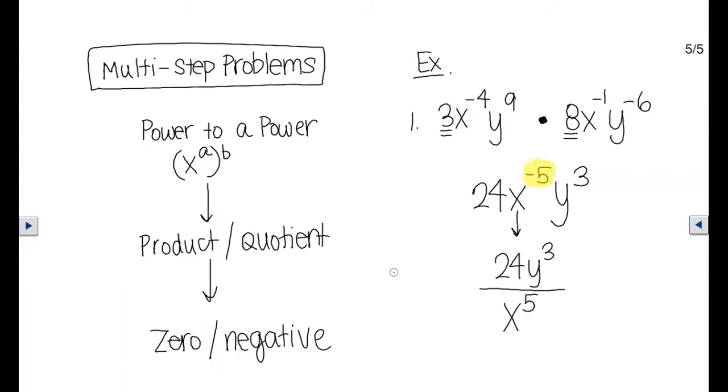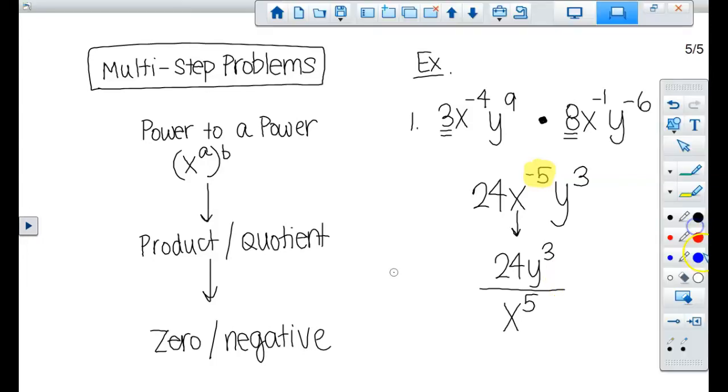So when x to the negative 5 goes to the bottom, it's going to change to x to the positive 5 power. So to emphasize this again, negative exponents at the end are going to drop to the bottom of the answer. So there will be a fraction bar. Anything that isn't raised to a negative power will stay up top, and anything with a negative exponent will drop down to the bottom. And when they do, they lose that negative. So we get 24y to the 3rd over x to the 5th for that answer.